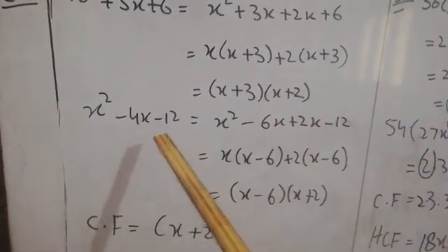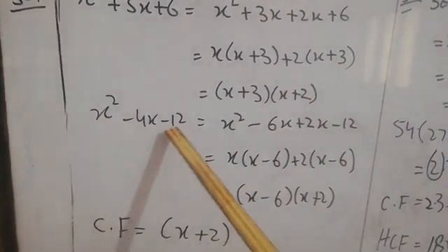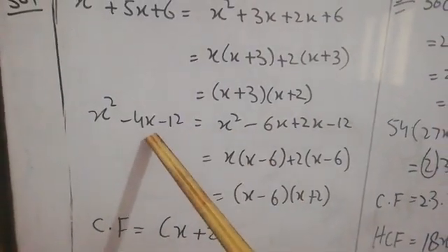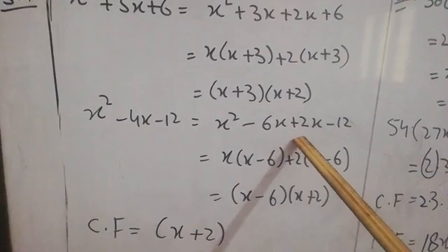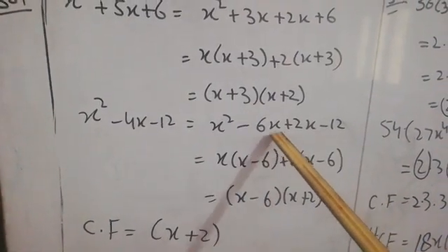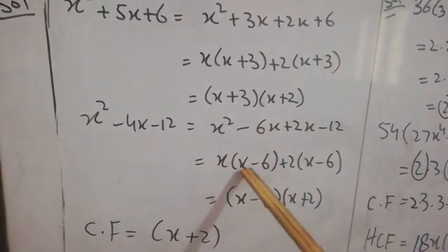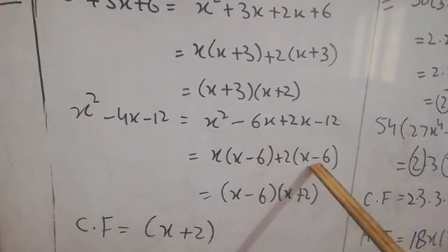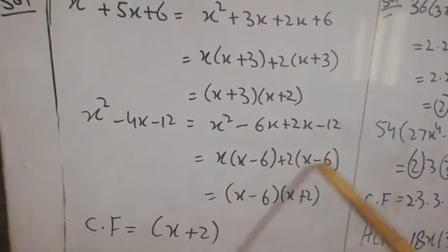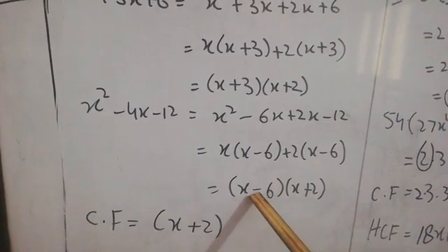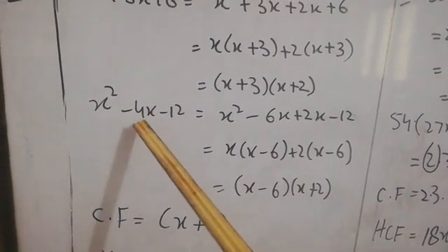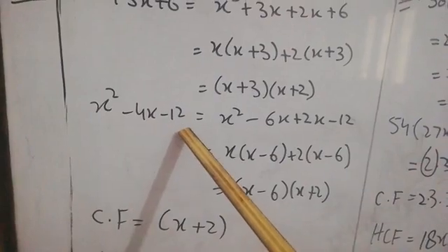Now the second expression is x² - 4x - 12. We will again break the mid term and we will get x² - 6x + 2x - 12, and take x common, x(x - 6) + 2 common, 2(x - 6). So x - 6 is common and x + 2 also. So x - 6 and x + 2 are the possible factors of x² - 4x - 12.